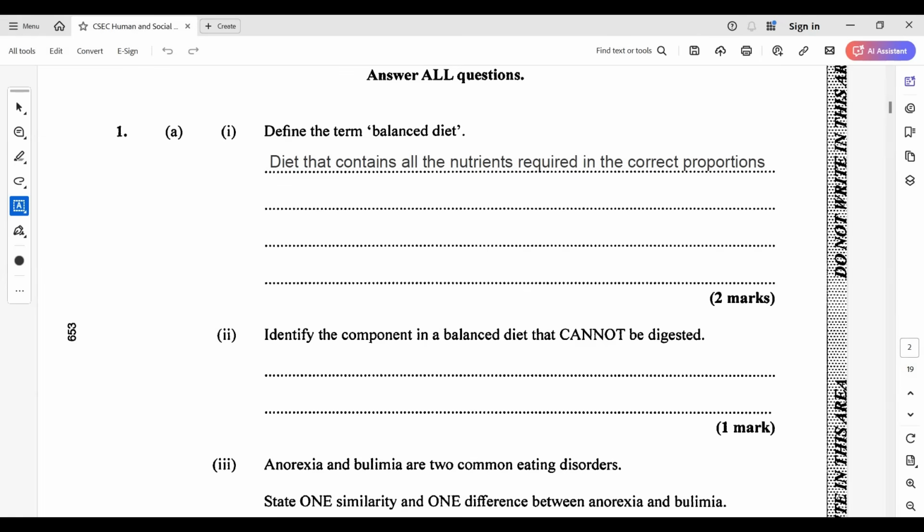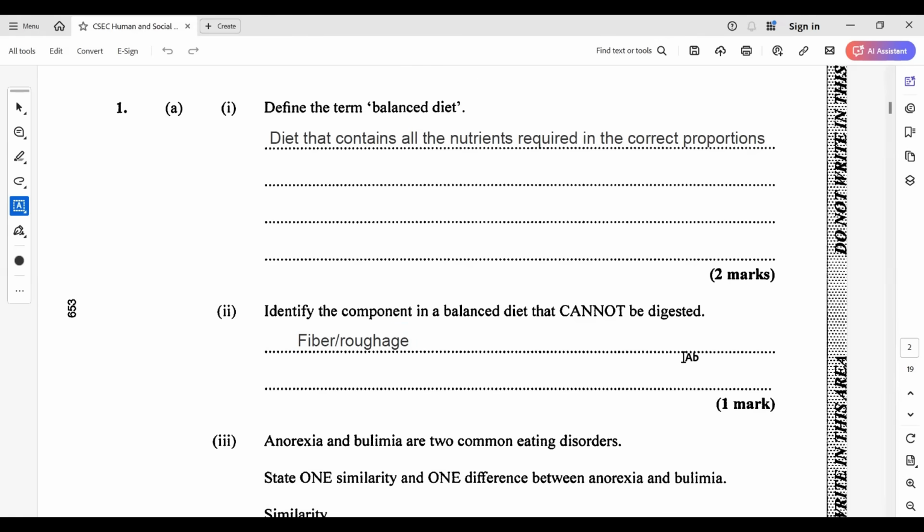And I hope everyone is thinking about the fiber, the roughage that you get from fruits and vegetables. Yeah. And this is because the beta bonds in the cellulose cannot be broken down by macroorganisms. So 1 mark for just identifying that component.